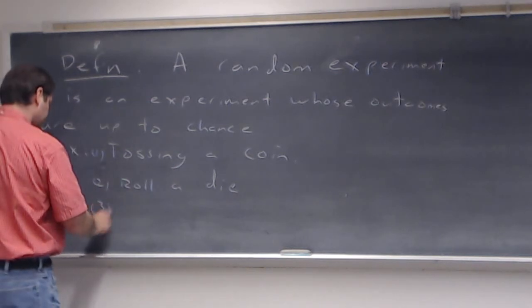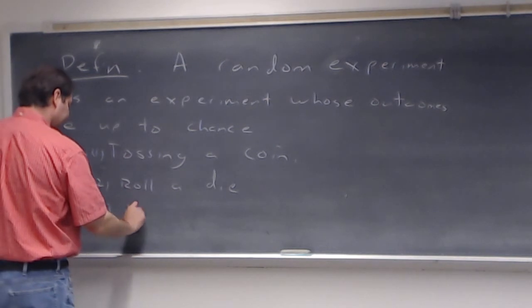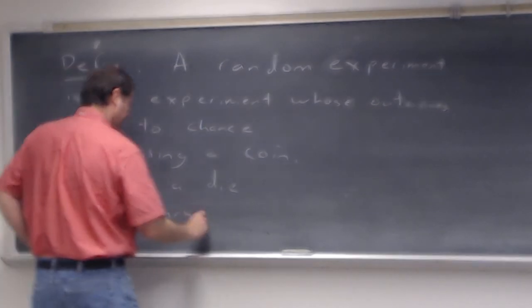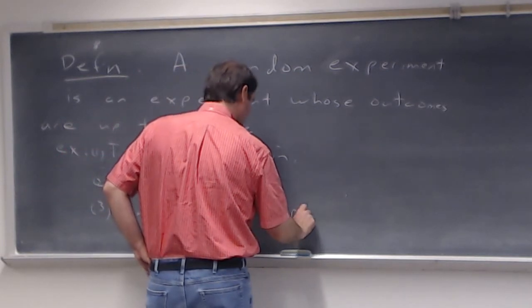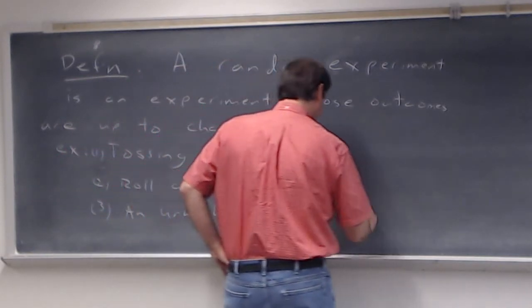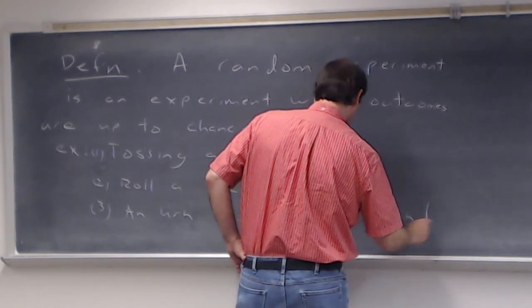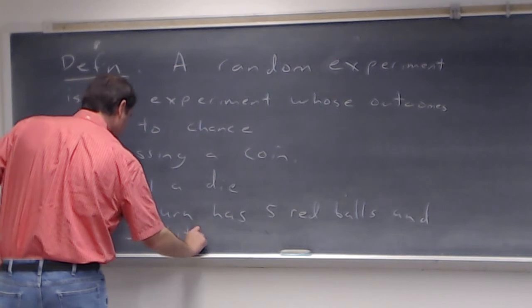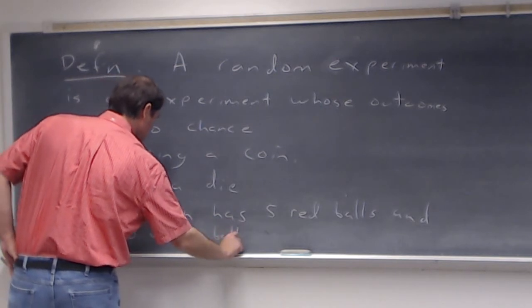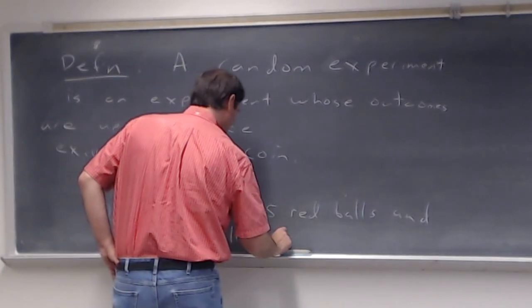And the third thing you can do is you can have something like an urn that has 5 red balls and let's say 3 white balls. And a ball is selected.